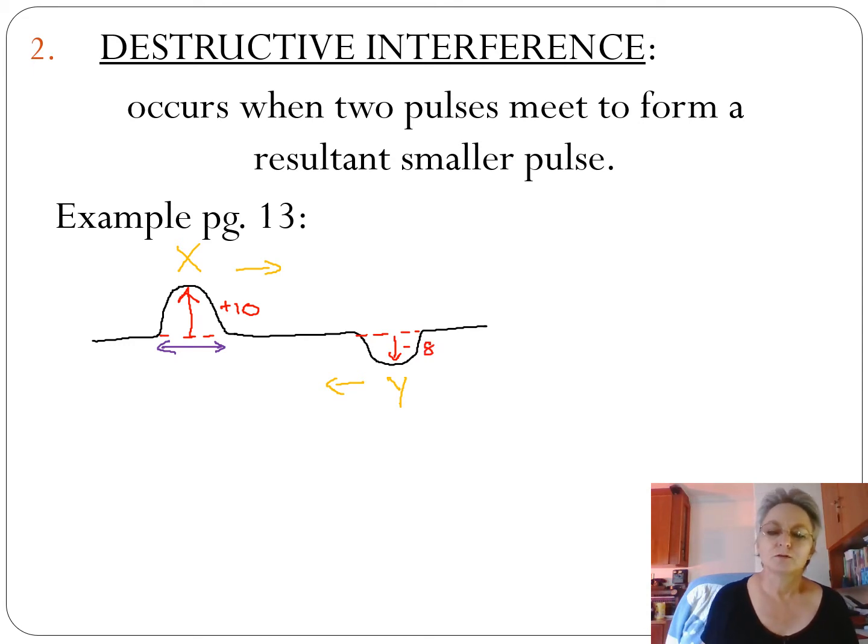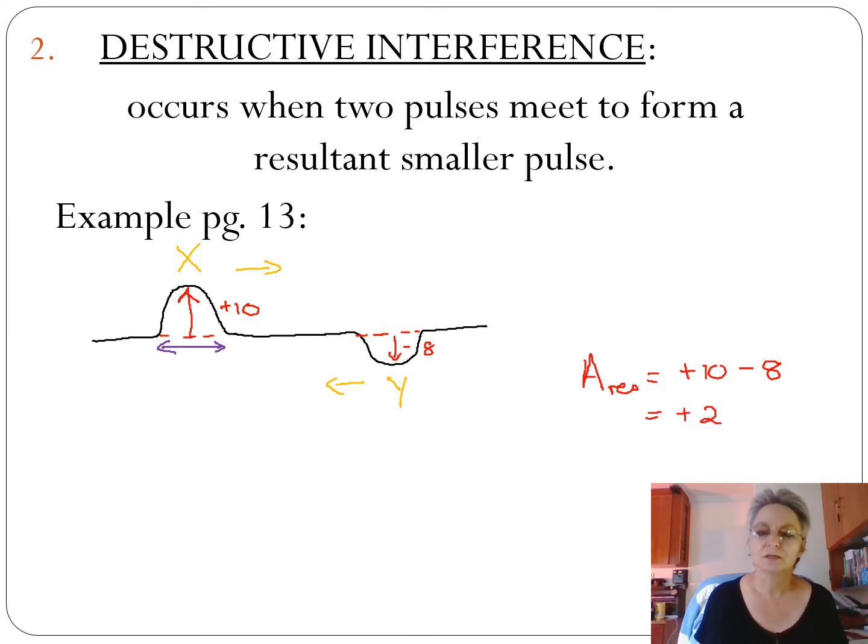So during superposition, the resultant amplitude will be a plus 10 and a -8, which gives you plus 2. So this is what they call the vector sum of the amplitudes. So the resultant amplitude during superpositioning is a plus 2.